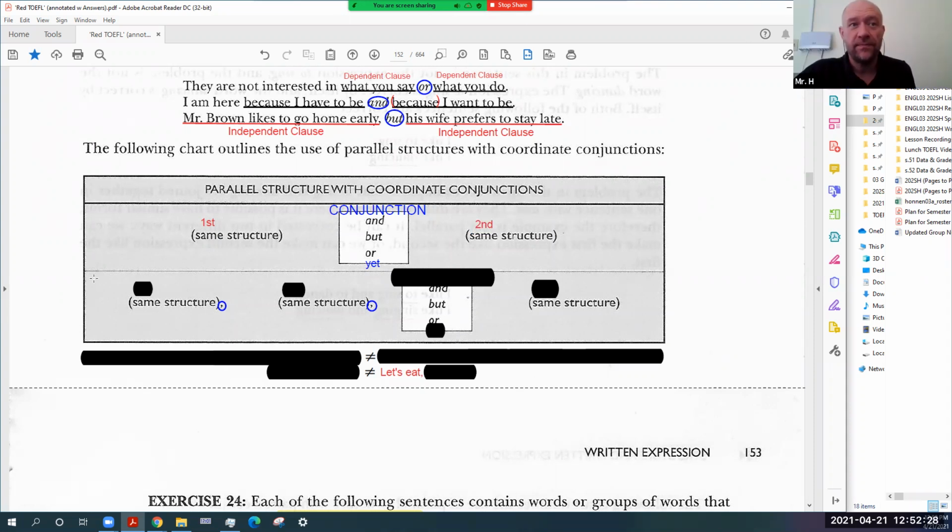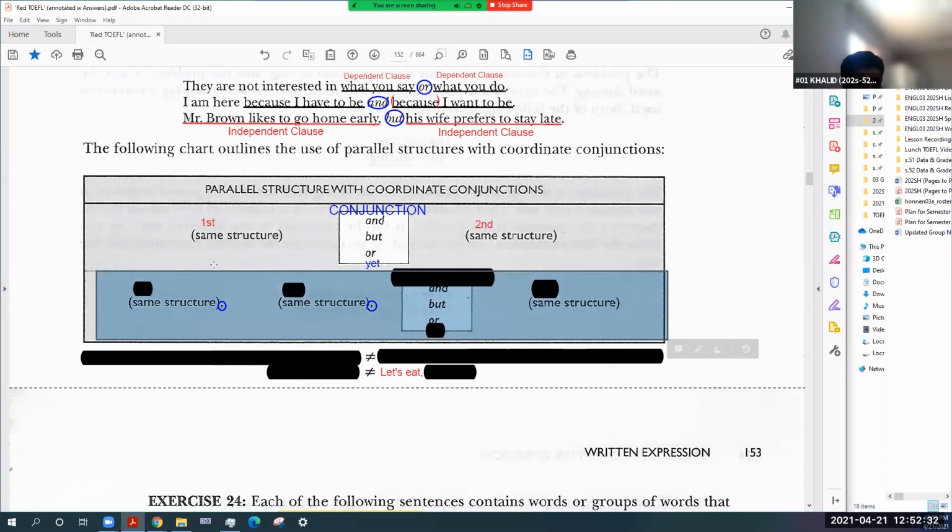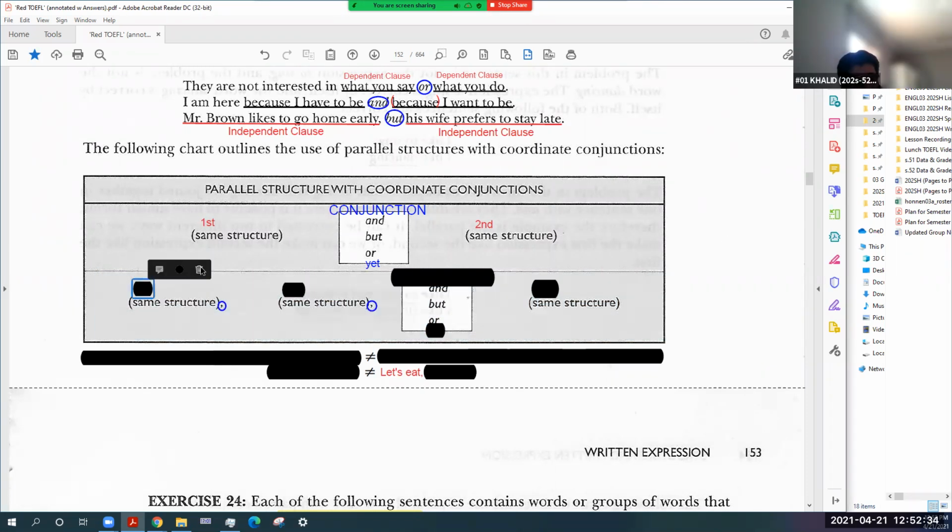Next formula? First, same structure, and second, same structure. Don't forget the comma. The comma is very important.